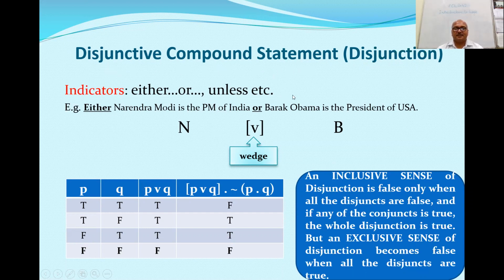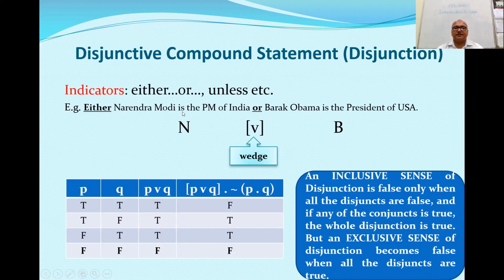These are the markers: when two statements are connected with either-or, or two statements are connected with unless, then we say that this is a disjunctive compound statement. Consider, for example: either Narendra Modi is the Prime Minister of India or Barack Obama is the President of USA.